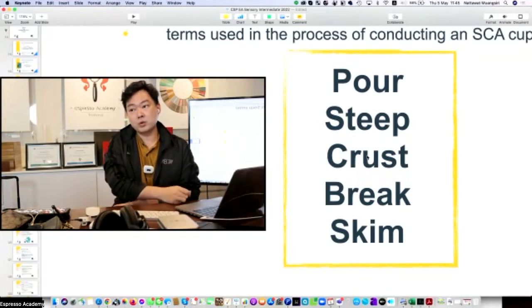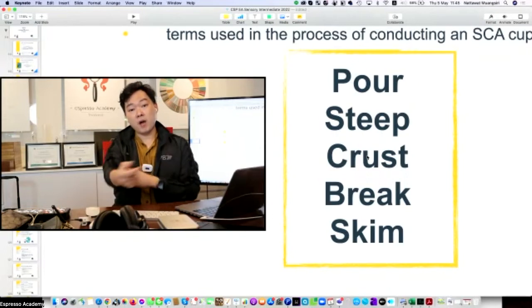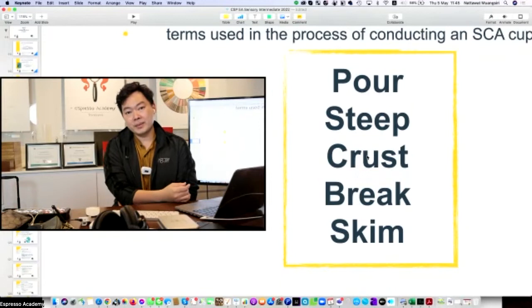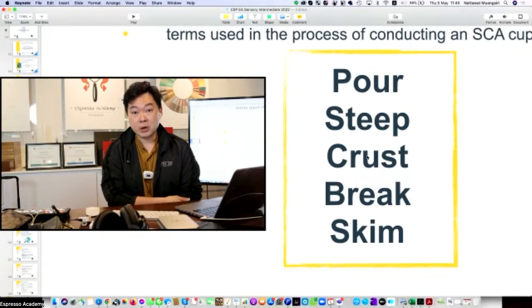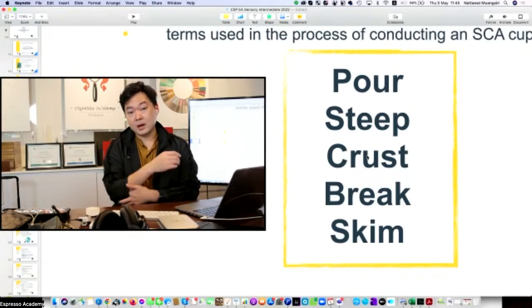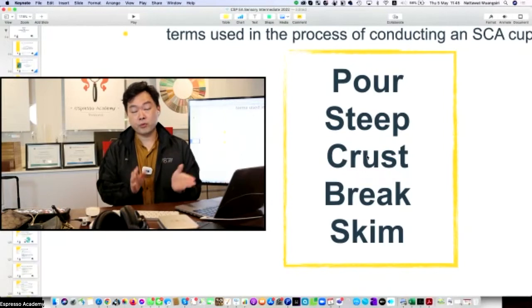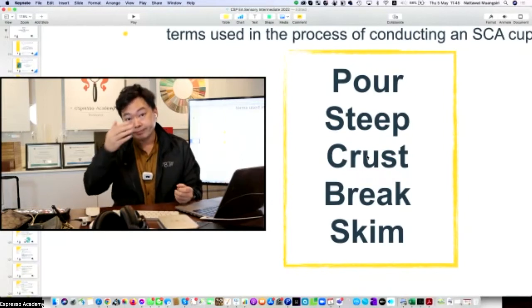After the class, I want you to be able to pour the water into the coffee, and then steep. Steep means just let it soak in there for a little bit, and then you will see a crust floating up. After 3 or 4 minutes, you break it.